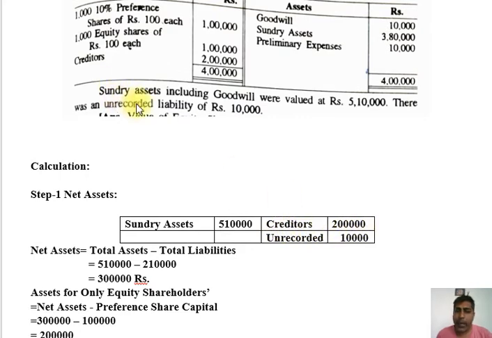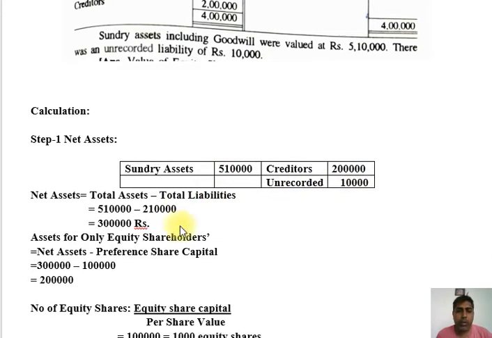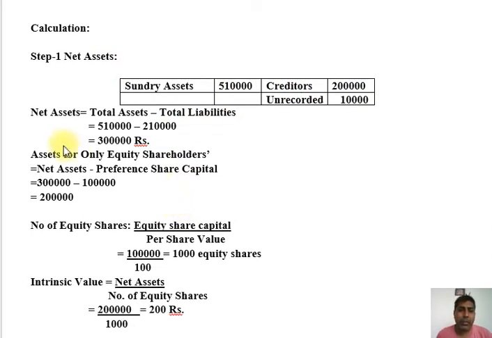Then in additional information, unrecorded liabilities of rupees 10,000. So we note here the unrecorded 10,000. Now we find out net assets. Net assets is equal to total assets minus total liabilities. In this example, our total assets is 5 lakh 10,000 minus our liabilities, 2 lakhs plus 10,000, that is 2 lakh 10,000. So our net assets is 3 lakhs.